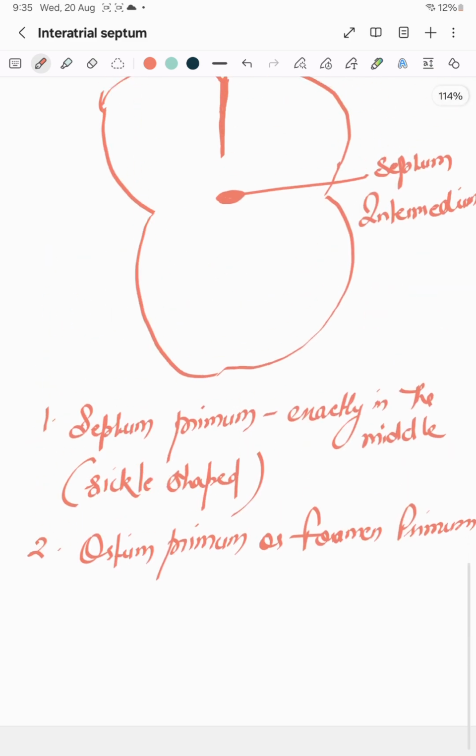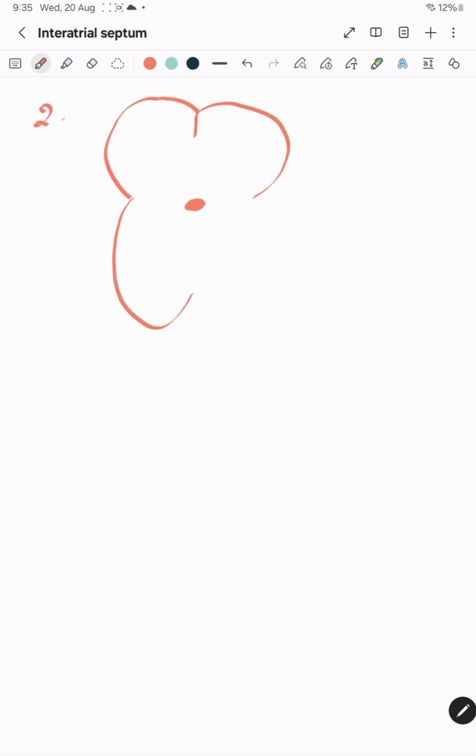After some time this space will obliterate. Okay, this is AV cushion, so this will form a complete septum.